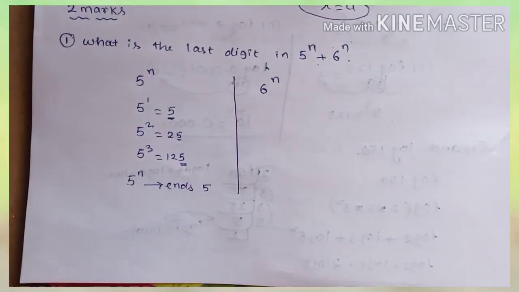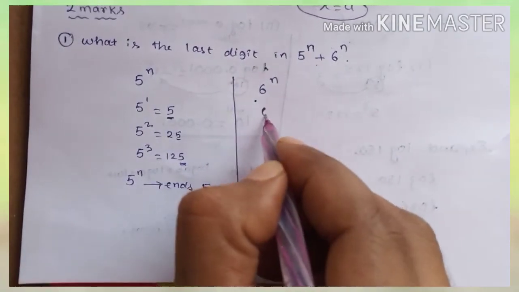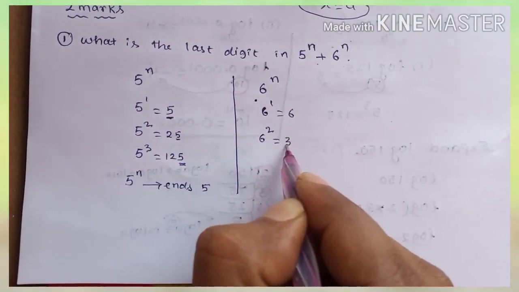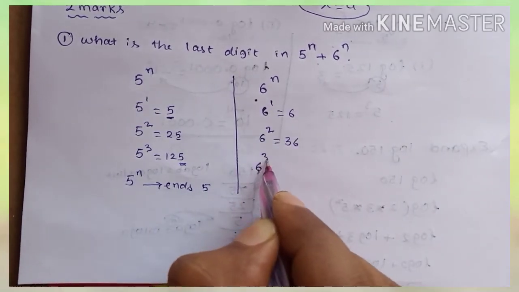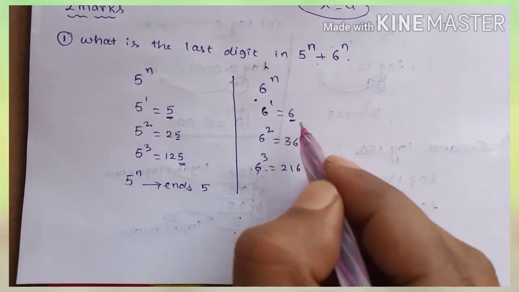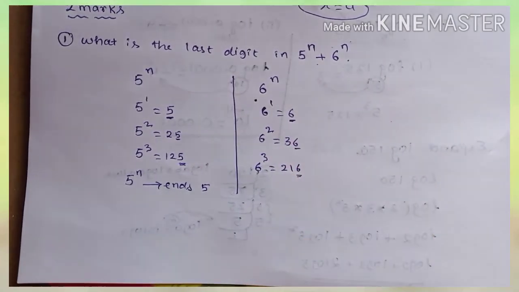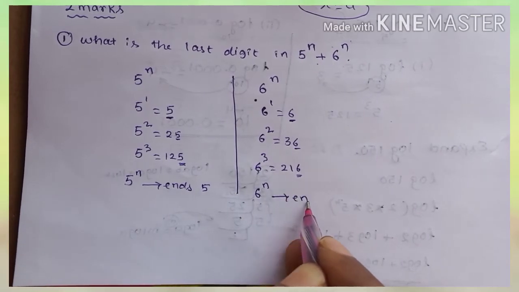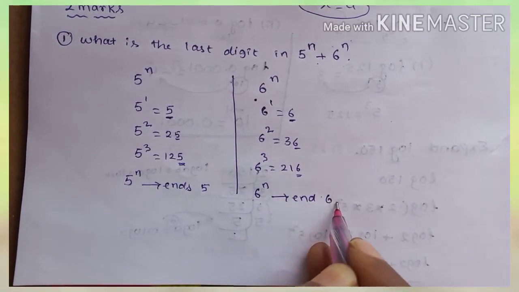All the values end with 5 only, so 5 to the power n always ends with 5. Similarly, 6 to the power 1 is 6, 6 to the power 2 is 36, 6 power 3 is 216. All the values end with 6, so 6 power n ends with 6.